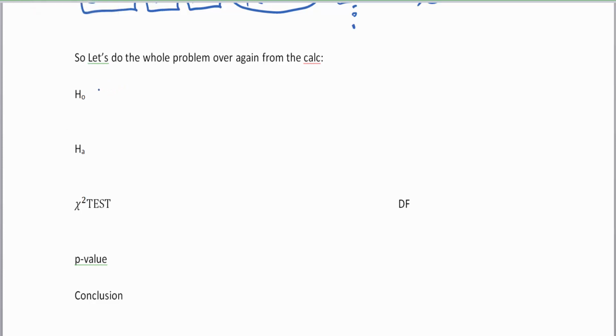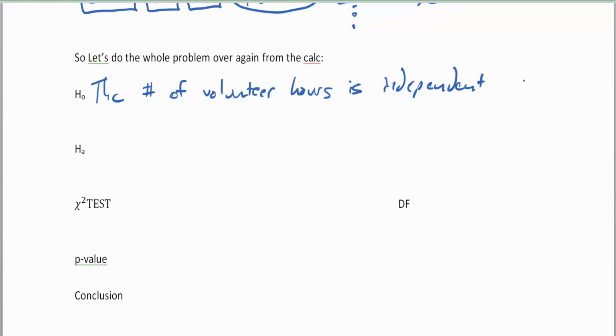So our null hypothesis is that the number of volunteer hours is independent of the type.